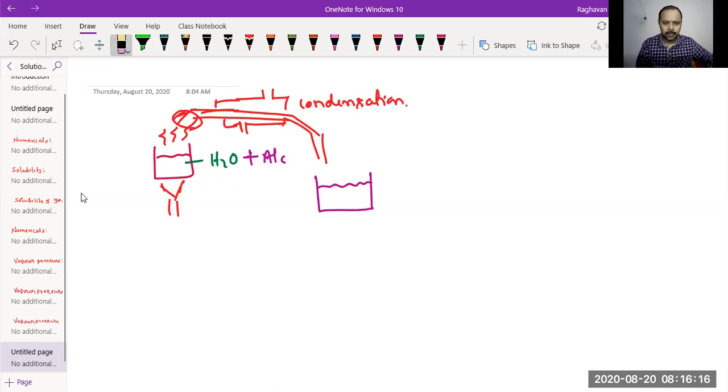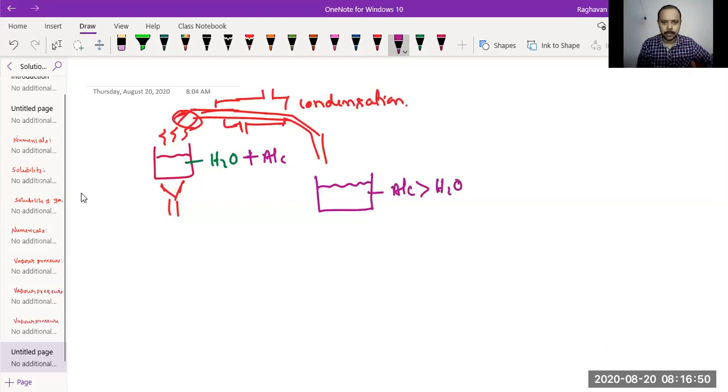So when you take this mixture of water and alcohol, boil it, condense and collect, in the liquid obtained after condensation, will alcohol be more or water be more? Alcohol will be more, right? So there will be more alcohol than water.